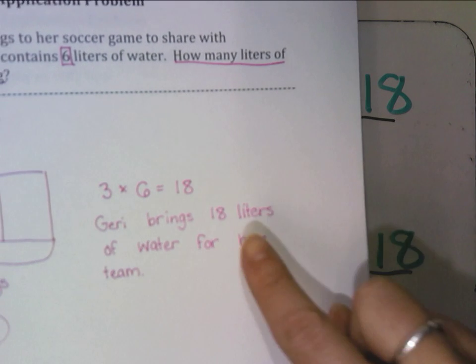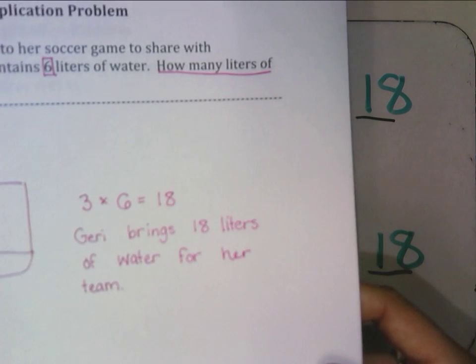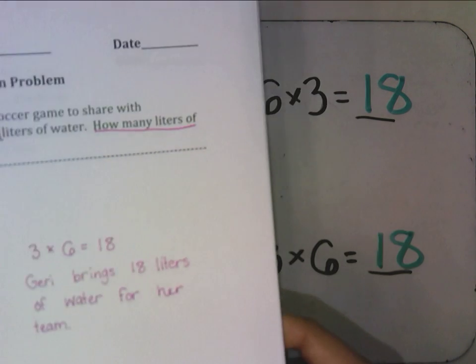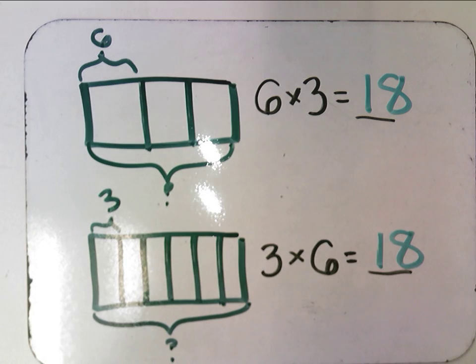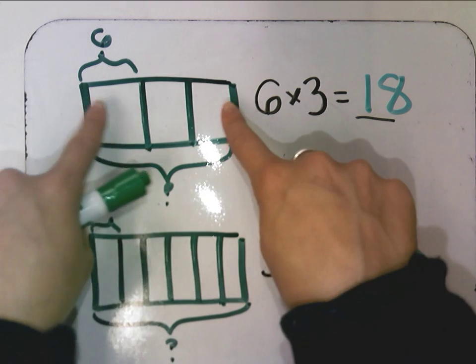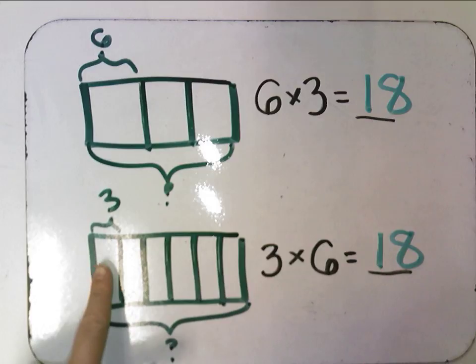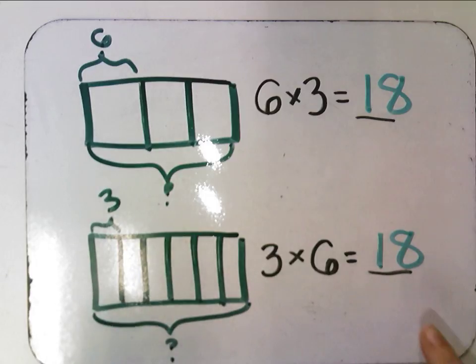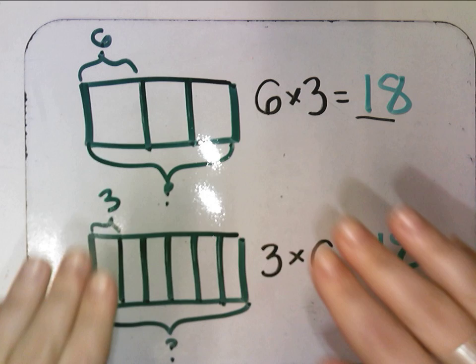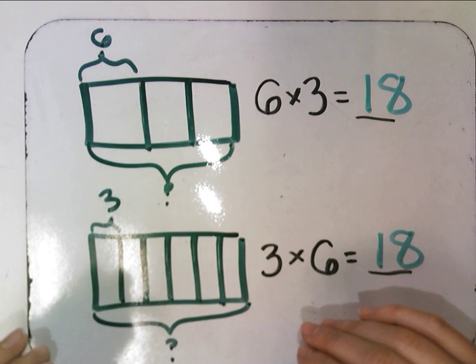Jerry brings 18 liters of water for her team. So, my point is, if you drew your tape diagram like this and it helped you find the answer 18, or if you drew your tape diagram like this and it also helped you find the answer 18, that works either way.